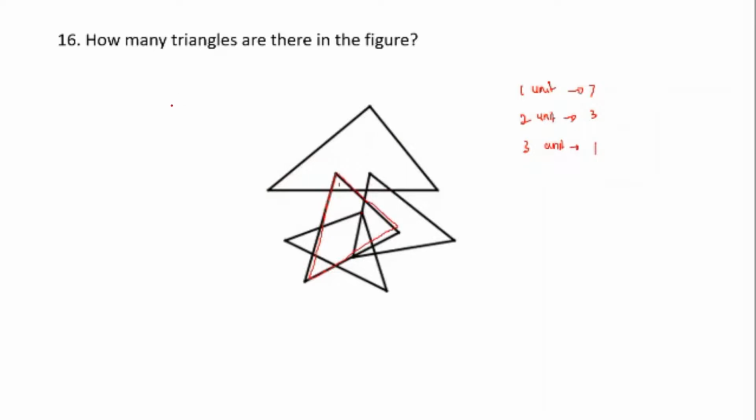Okay, as you can see, we have 1, 2, 3, 4, 5, and also here we have 1, 2, 3, 4, 5 units, and we've also got this one. So there are 3 5-unit triangles. So in total, there are 14 different triangles.